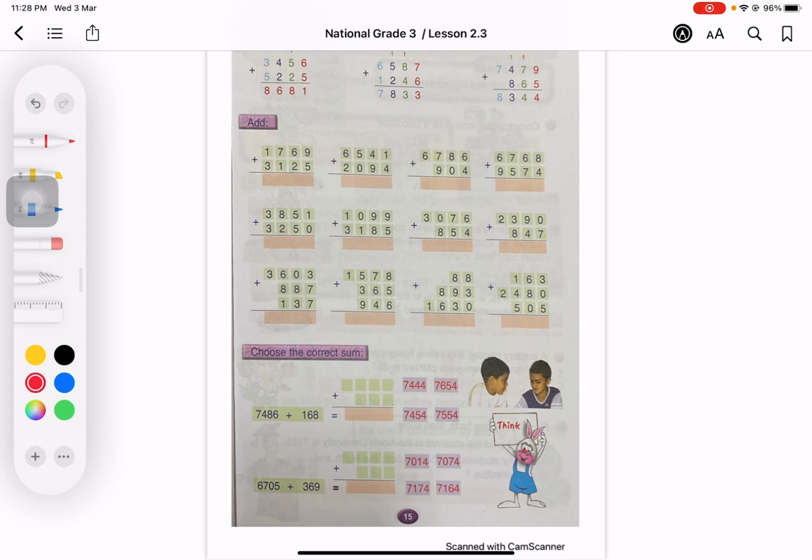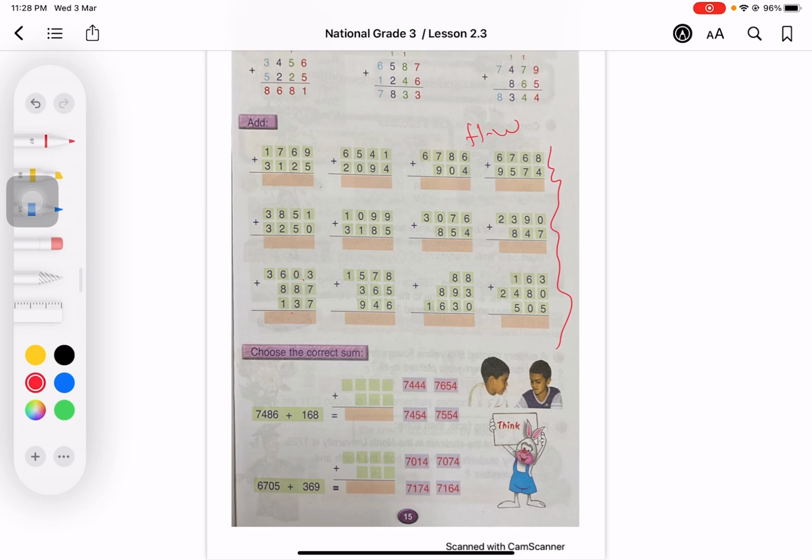This is the homework. Okay, I will do this question. In this one, they put 3 numbers and they want to add them. The good thing is that they ordered the numbers under each other and aligned the digits correctly.